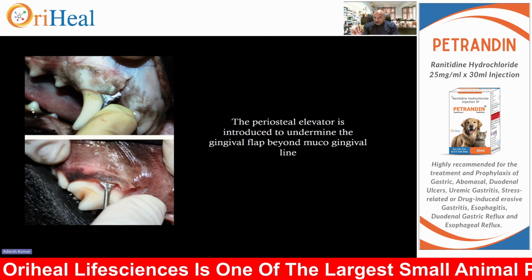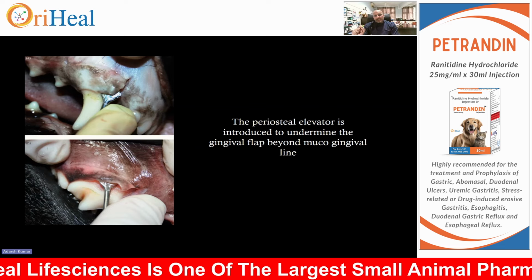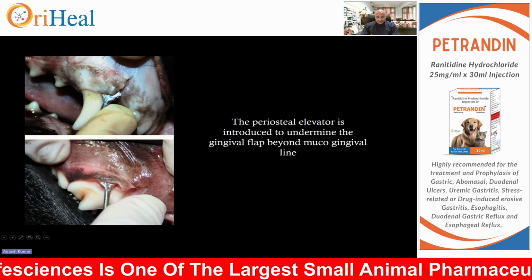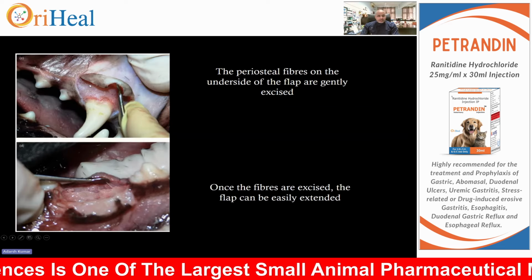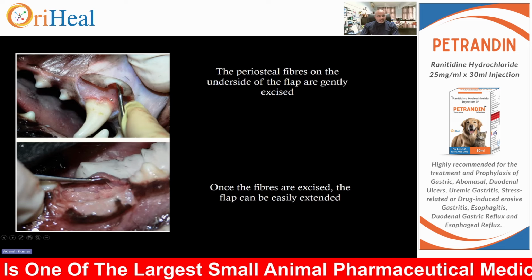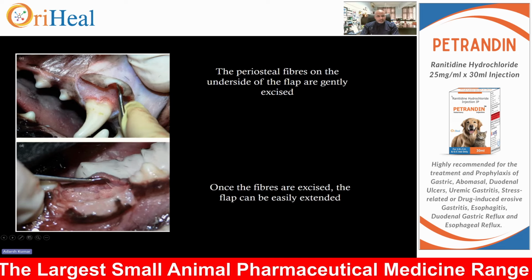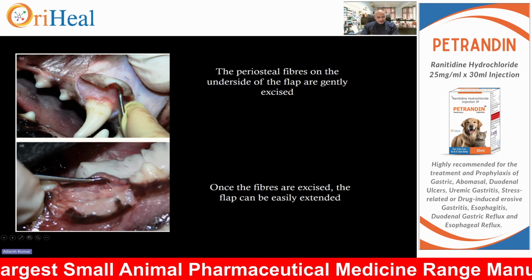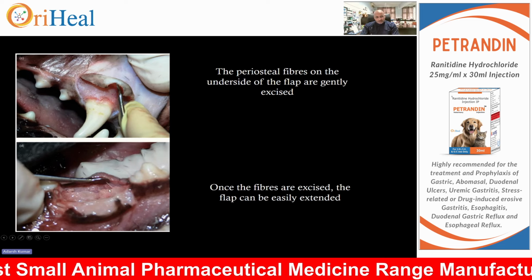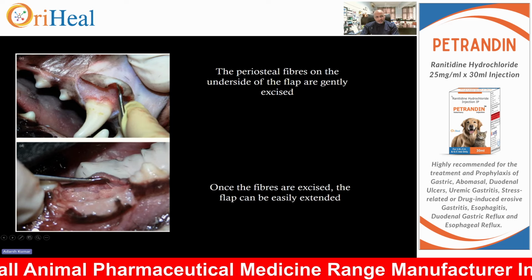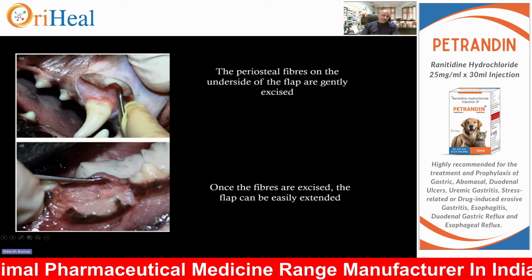So don't be anxious and don't rush. You have to be very, very cautious. Okay, so this is how the flap is raised. This is the periosteal flap. Undermine it so you can see the bone here. Almost all the fibers are being released from the periosteum here.